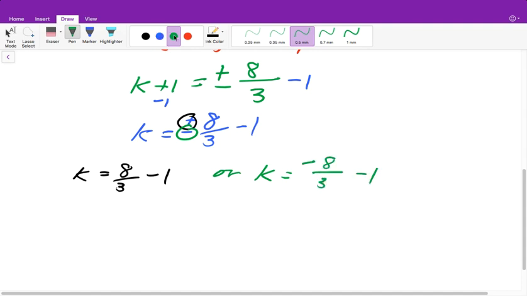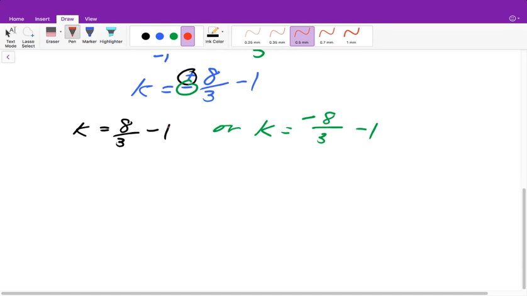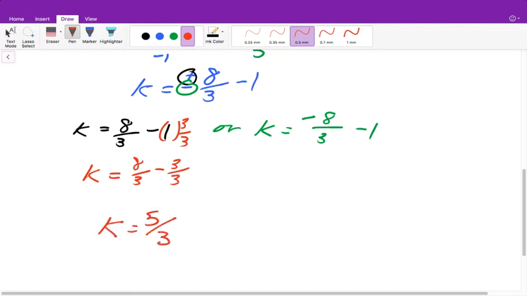So we need common denominators for both, so we multiply by 3 over 3 for both of these. So we get k is equal to 8 over 3 minus 3 over 3, so k is equal to 5 over 3. Here we would have k is equal to negative 8 over 3 minus 3 over 3, or k is equal to negative 11 over 3.